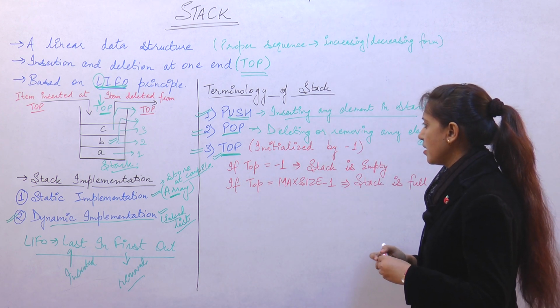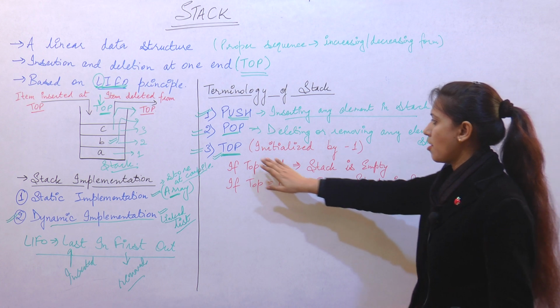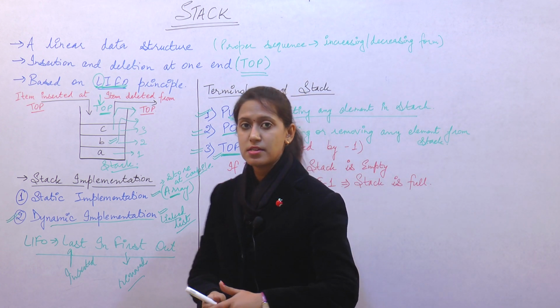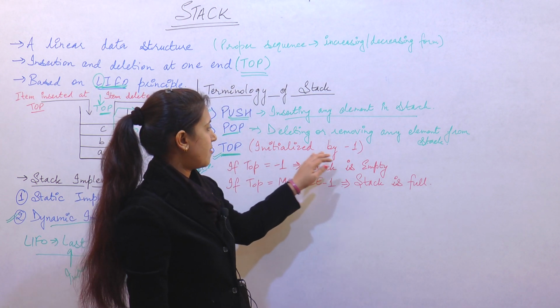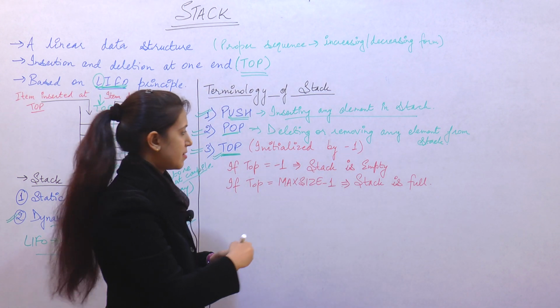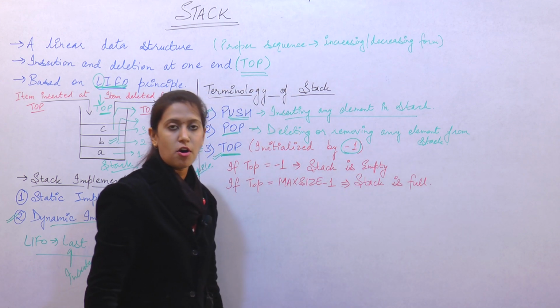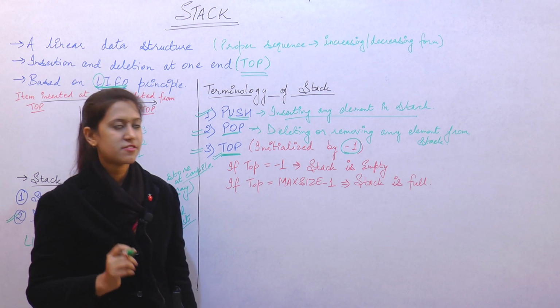Now the conditions of top terminology are: we will always initialize the value of top by -1. Always keep in mind that the initial condition of top will always be -1.